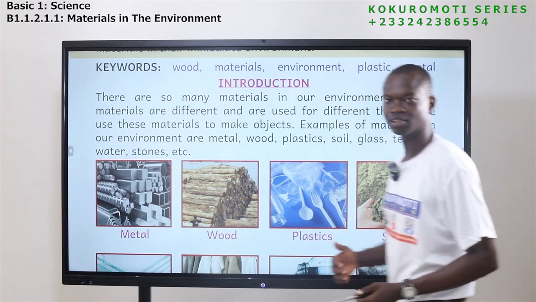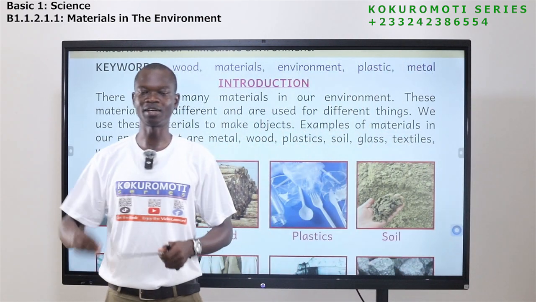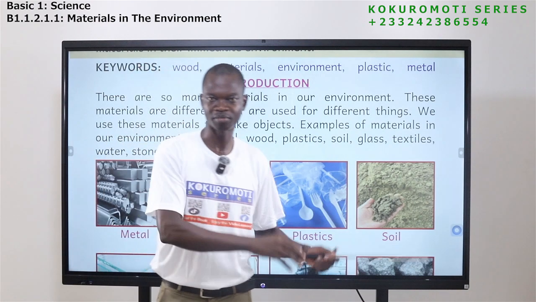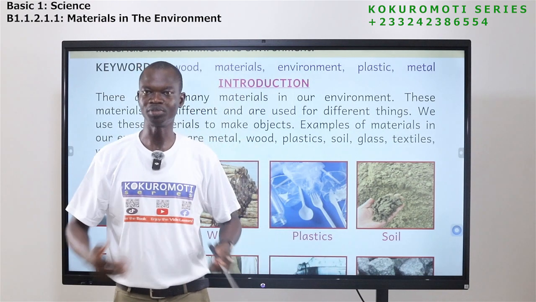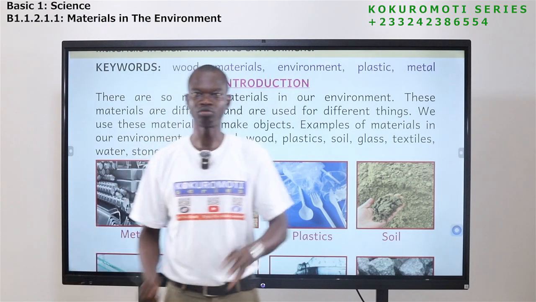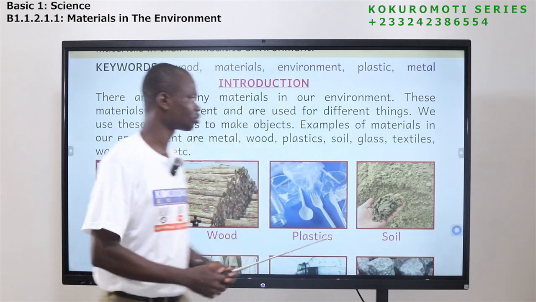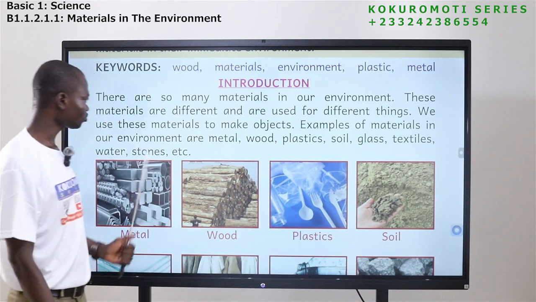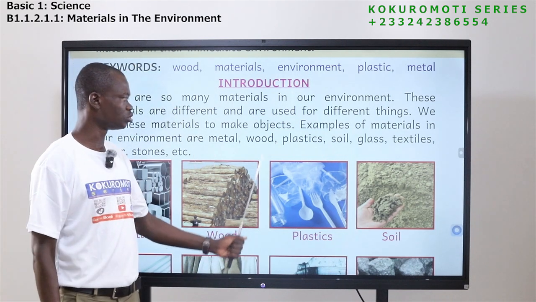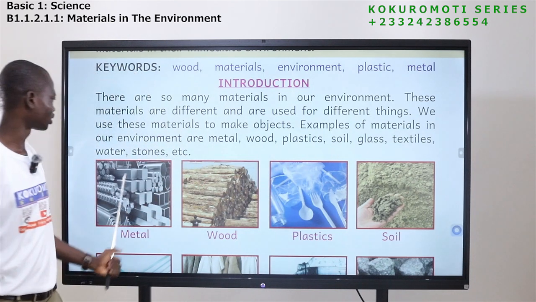So the materials that we have in our environment are used to make objects. Whatever object you know, that you use, is made from what? Materials. And the examples of materials are what? Metals, wood, plastics, soil, grass, textiles, water, stones.